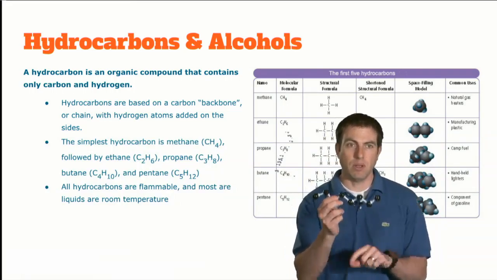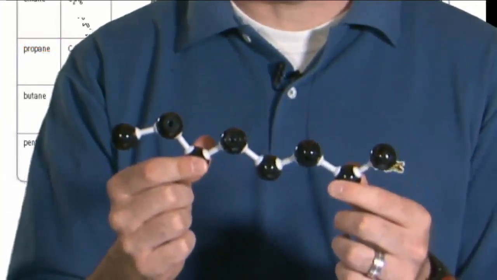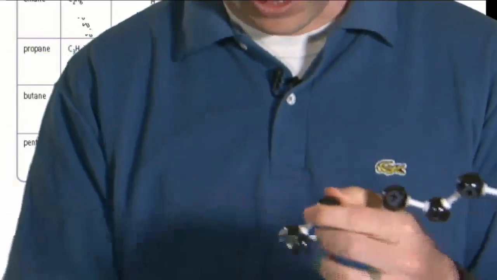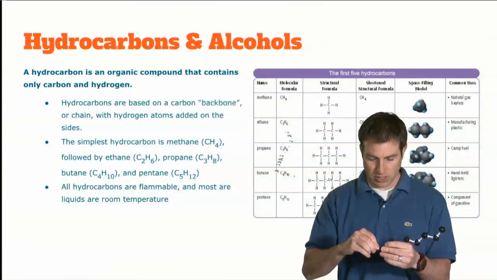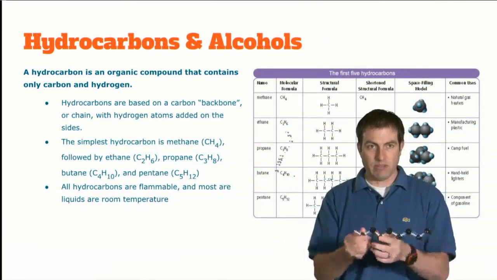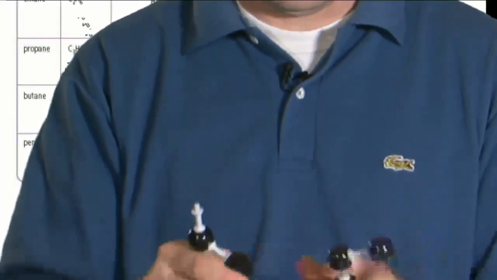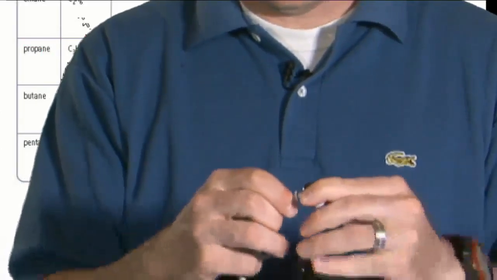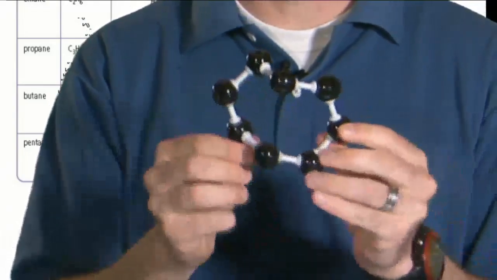I'll give you an example. This is what octane looks like, but octane doesn't always form this way. So if I lose one, I guess I can't lose one. I'll add a little branch onto the end here. So I have 8 carbons. And now if I twist this guy a little bit, I can join them back together, and I end up with a ring.